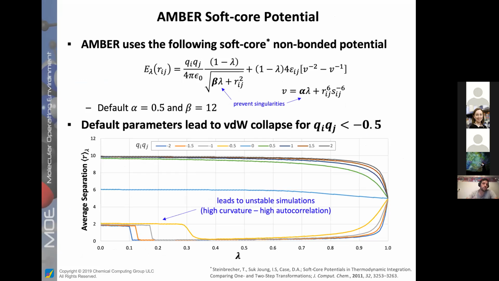So we introduce an alpha and beta parameter in the soft Coulomb potential of Amber to basically tone down the strengths of the Coulomb term, because otherwise it will overtake the repulsive strengths of the van der Waals term, and we will see a lot of singularities. And up to Amber 18, these values were set to alpha 0.5 and beta 12.